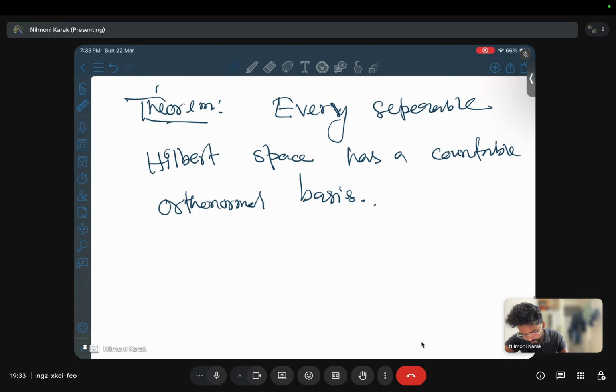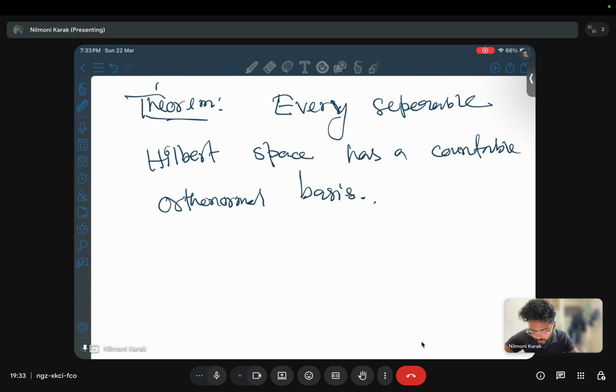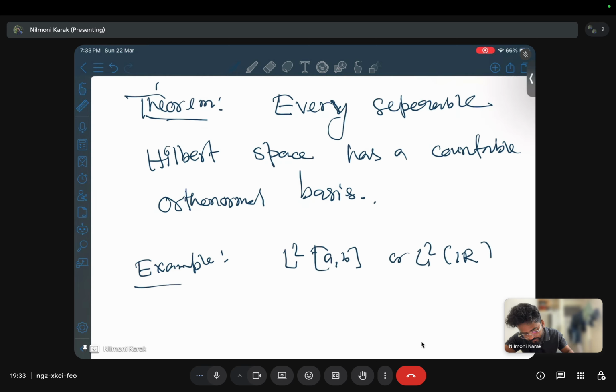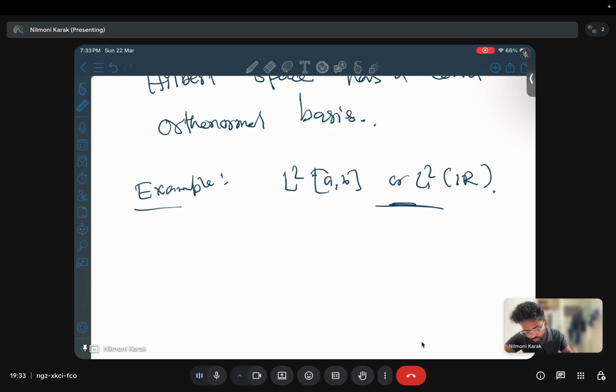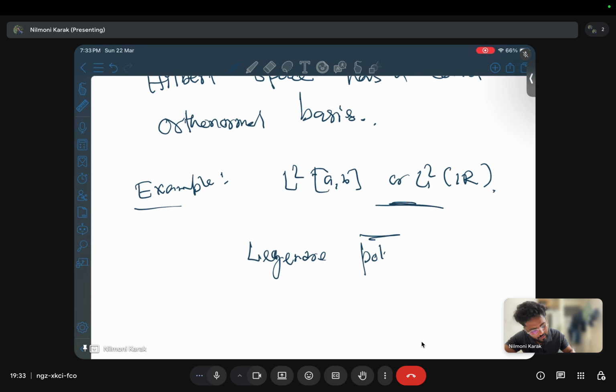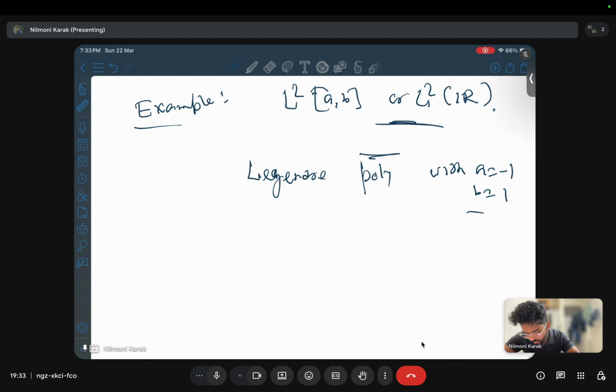Okay, and an example is your L2 of a, b or L2 of R. As an orthonormal basis you can consider Legendre polynomials, with a equals -1, b equals 1, and Hermite functions as well.